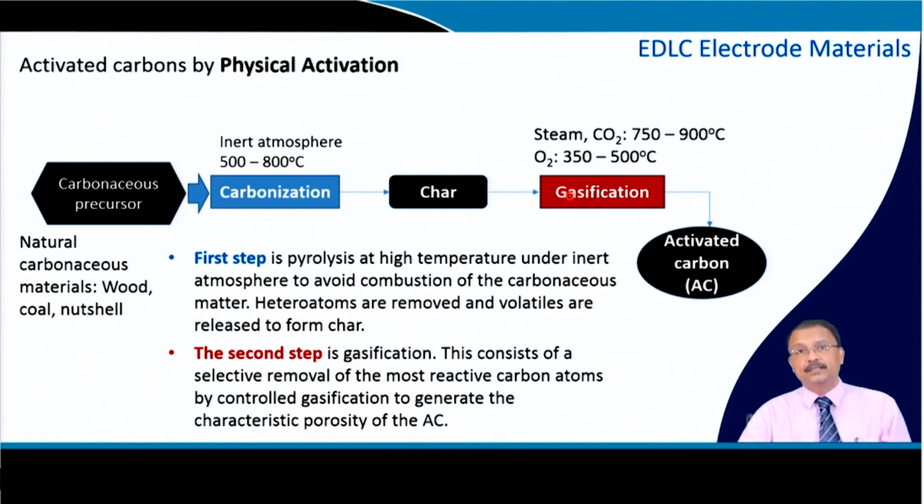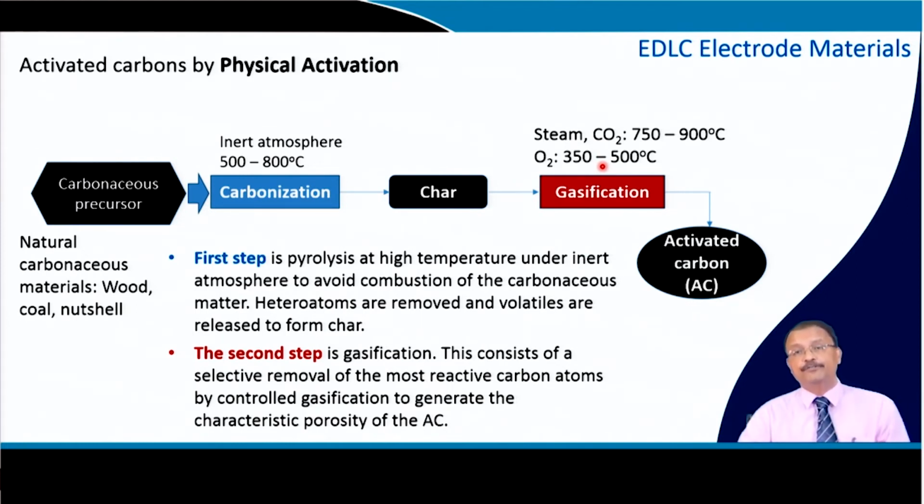If you use that, then the temperature required for this gasification is in the higher range, around 750 to 900. If you use oxygen to remove these most reactive carbon atoms, it is a controlled reaction. So, they are removed, and that actually gives the characteristic porosity.